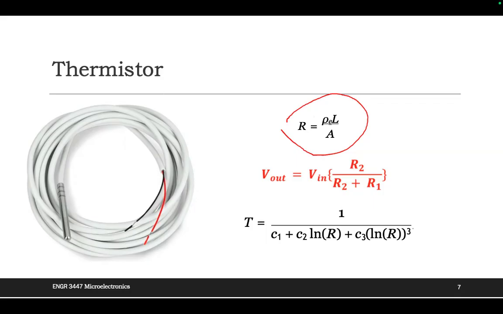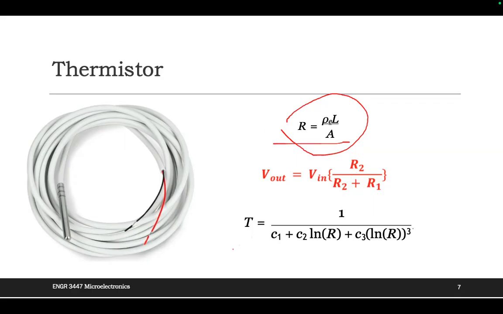L and A are easy to define, but rho is very sensitive to temperature, so it is very difficult to measure. So we usually don't use this equation.